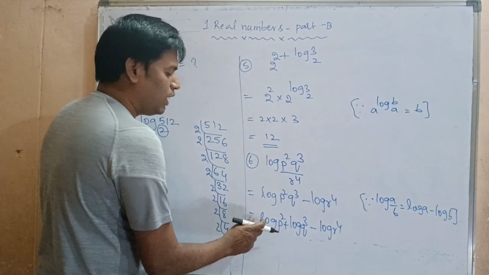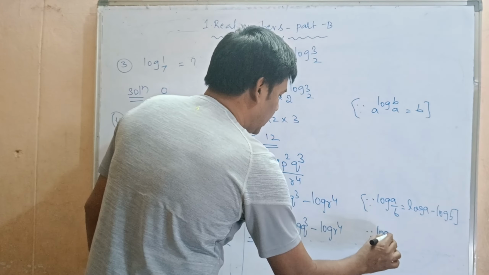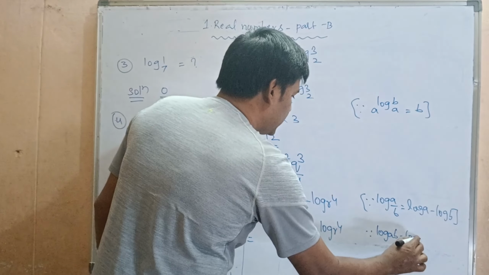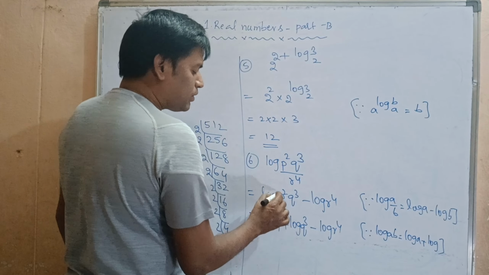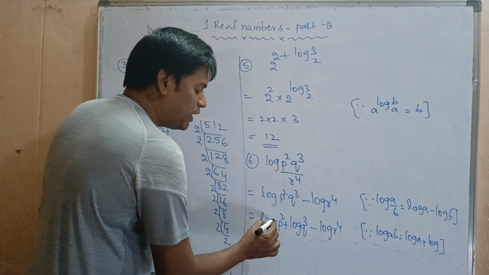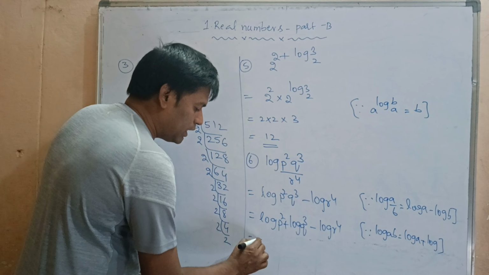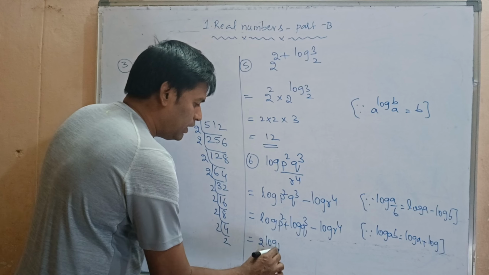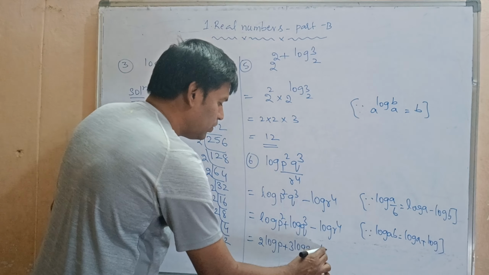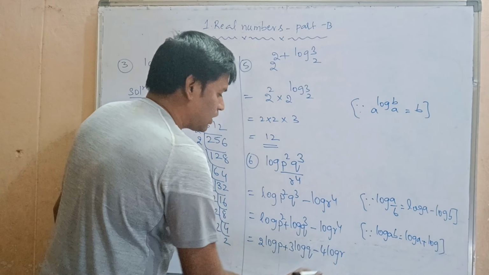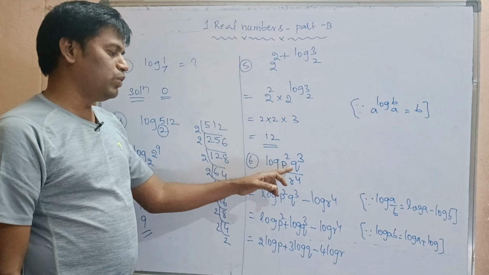Now it is in the form of log a power of m, and log a power of m is equal to m log a. So 2 log p plus 3 log q minus 4 log r. Here it is the expanded form of log p square q cube by r power of 4.